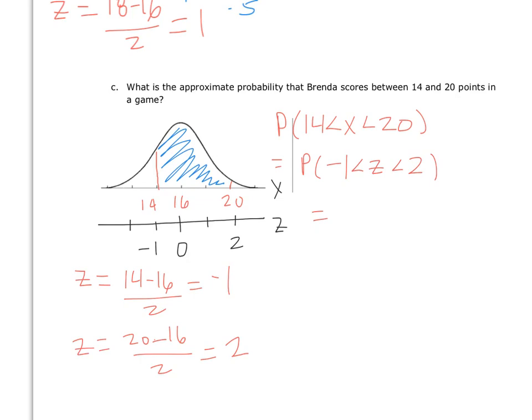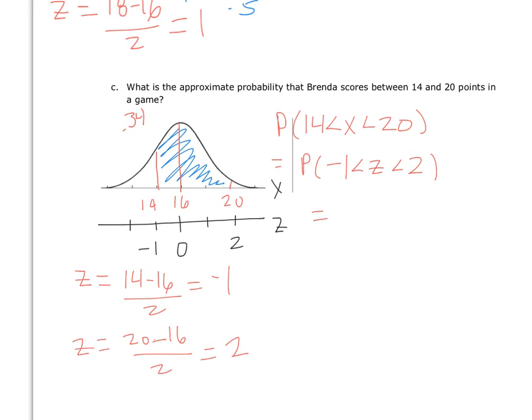Again, this doesn't come directly from the empirical rule. If we split the area to the left of the mean and the right of the mean, to the left of the mean we've got 1 standard deviation, so that's half of 0.68, which is 0.34. Then between 16 and 20, we have 2 standard deviations. Within 2 standard deviations, it's 0.95.